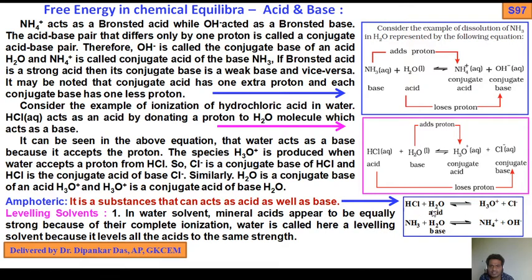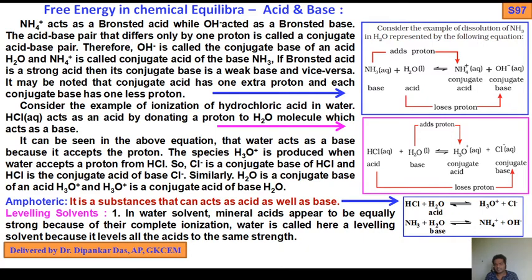Here water acts as a base, because the lone pair of oxygen takes up the proton, becoming H3O plus, and HCl becomes Cl minus. But in the case of ammonia, water acts as an acid: the lone pair of ammonia takes up a proton from water, it becomes NH4 plus, and water becomes OH minus. That is the amphoteric behavior.